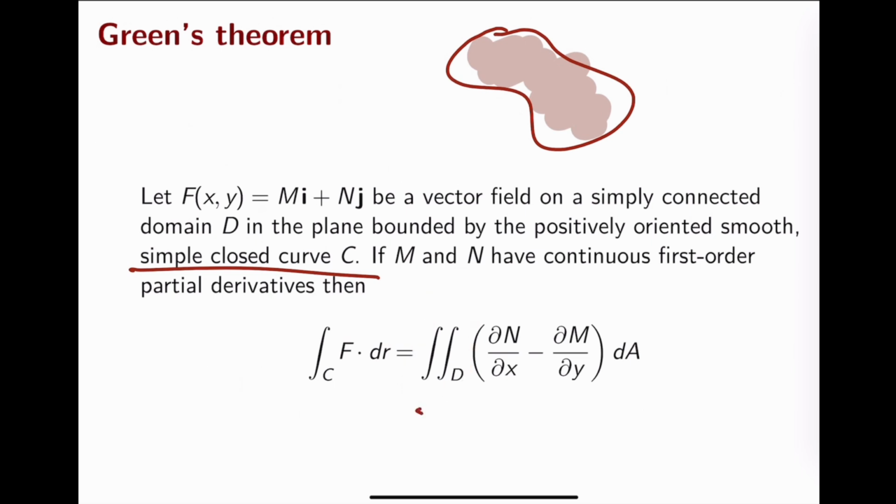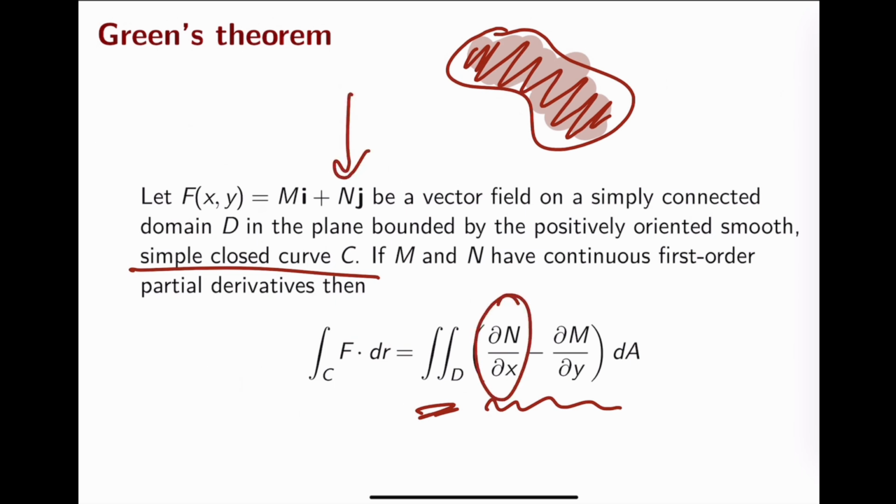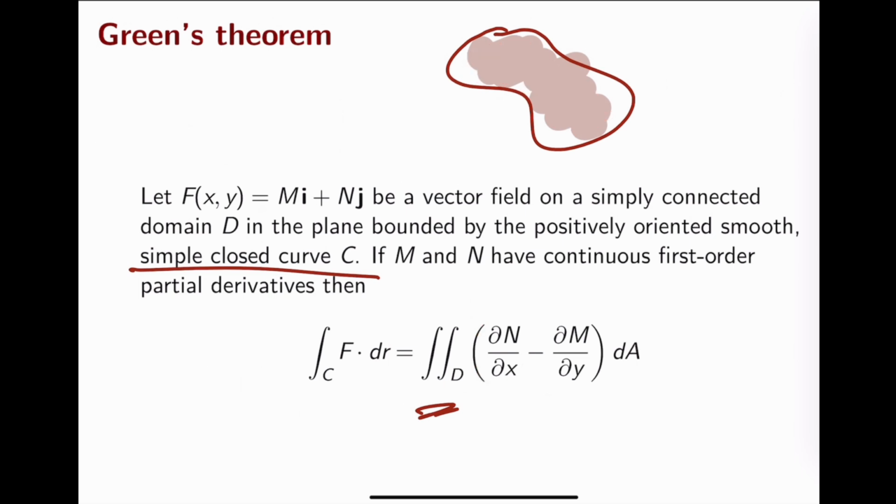So this will be a double integral over the interior, let's say, what is enclosed by the curve, and the function that we're going to put here is going to be the partial derivative of N with respect to x minus the partial derivative of M with respect to y. So these are going to be functions in the real numbers, right? So this is a vector field, and these things that we have here are both functions with values in the real numbers.